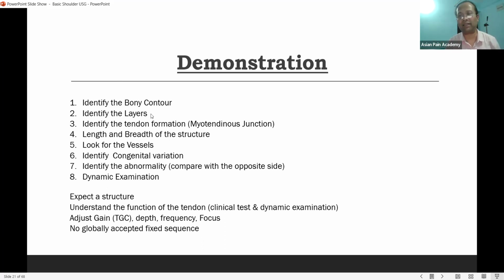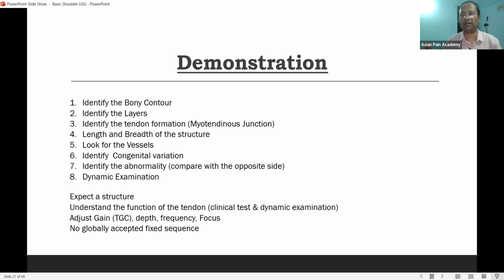Then identify the layers in ultrasound, which layer you are seeing. Then identify the tendon formation. Tendon formation means that from the muscle belly, the tendon doesn't suddenly start like a hinge joint.